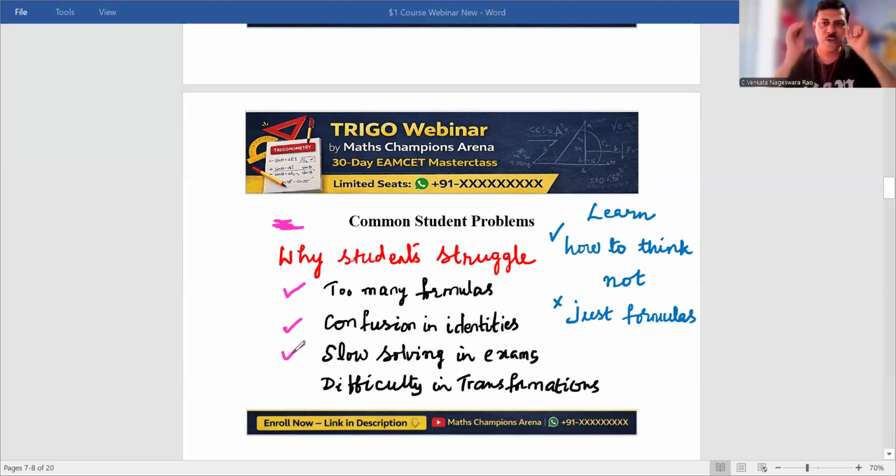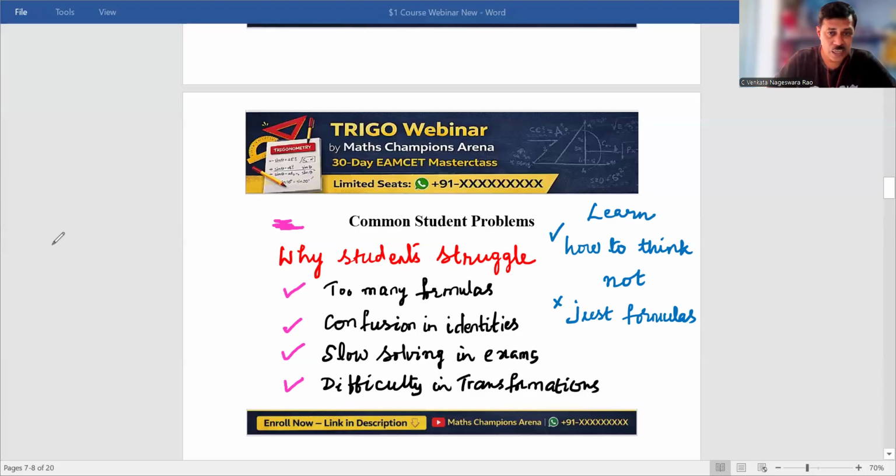Our hands, our mind, our vision and the time should all be tuned up to solve the problem. Difficulty in transformation: when I say tan theta into cot theta is equal to 1, there is a transformation, that means first quadrant, second quadrant, third quadrant, fourth quadrant. If you are able to look at that, then our purpose is served.